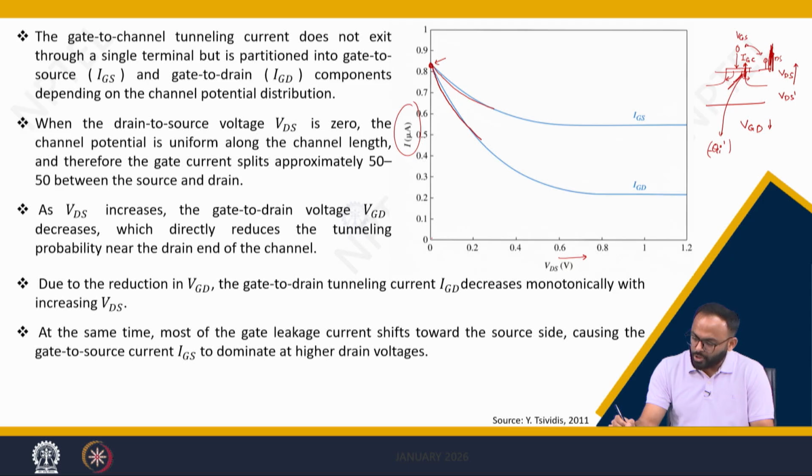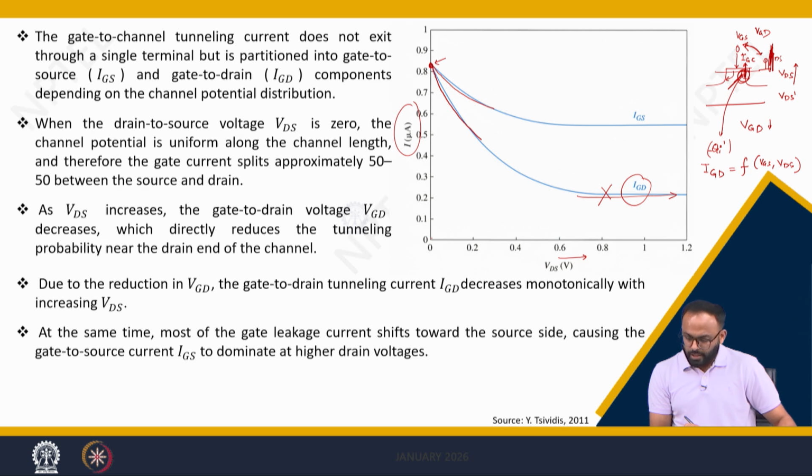There is a significant decrease in VGD, but at the same time the lack of electrons available to tunnel from the surface to the gate gives rise to a current. That is why IGD goes constant and becomes independent of VDS. So we can simply say that IGD is a function of gate voltage as well as drain voltage.